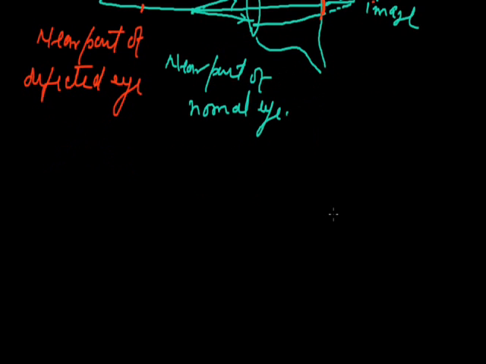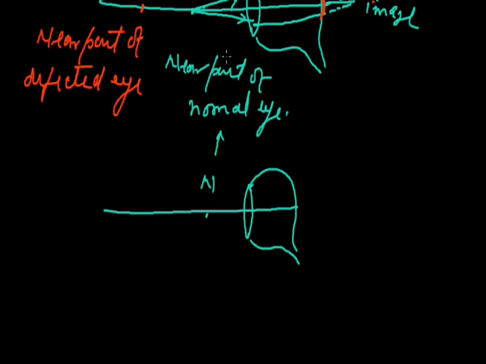For example, this is the eye lens. The N is the N dash. An object is placed at this point.